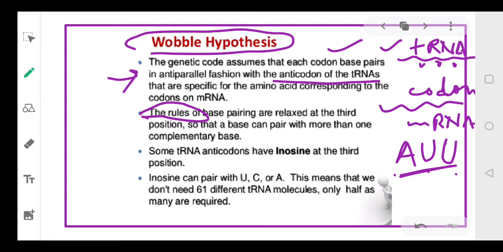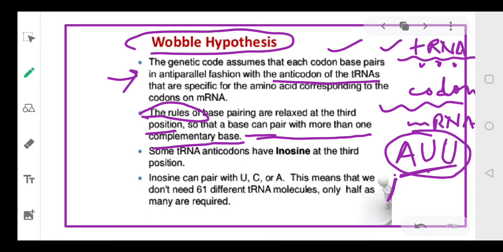This says that base pairs are relaxed at the third position, so that a base can pair with more than one complementary base. Now, any two out of this should be same, and third could be relaxed.